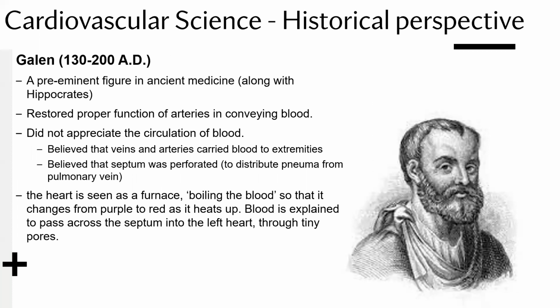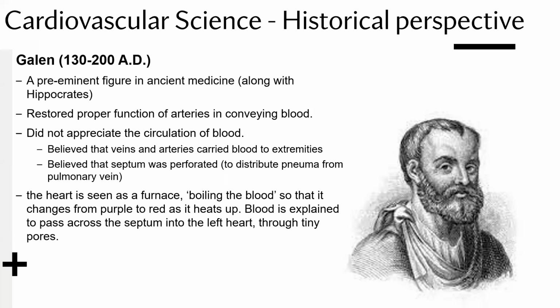The third person I want to mention is Galen, and he actually was a very important figure in ancient medicine, a master of animal dissection, and he was able to restore function of arteries, so did surgical procedures, but then he did not appreciate the circulation still, and he believed that these veins and arteries all carried blood.